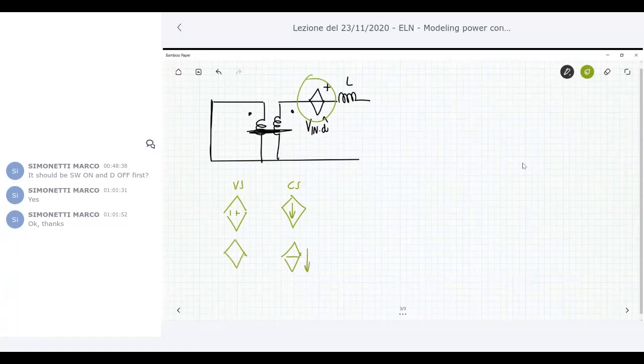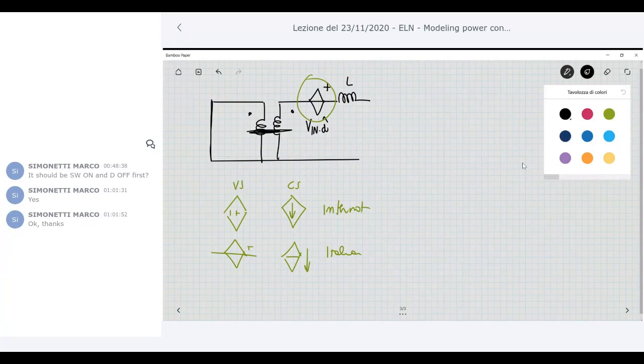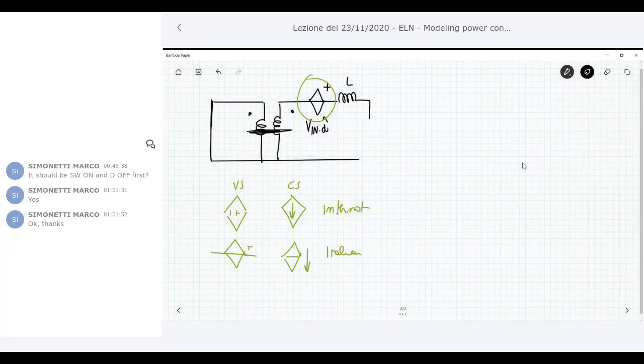This is the more international symbol. This is, I can say, the Italian symbol. So L, and then you have the output capacitor here, C0. Then you have the resistor, the load. And this is V0.